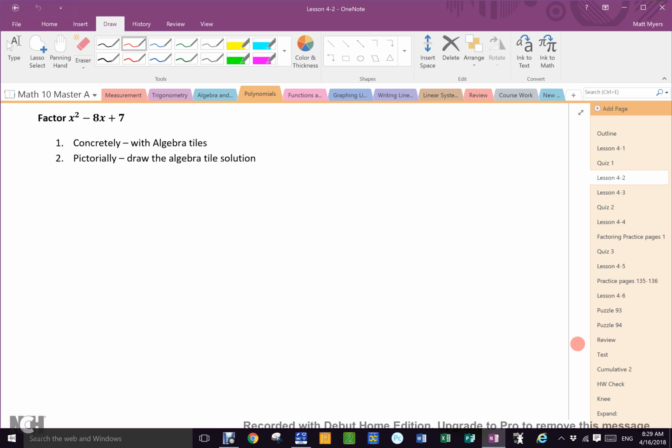And in that original product of x squared minus 8x plus 7, I needed to find two numbers that multiplied to 7, and added to negative 8. Everybody with me?